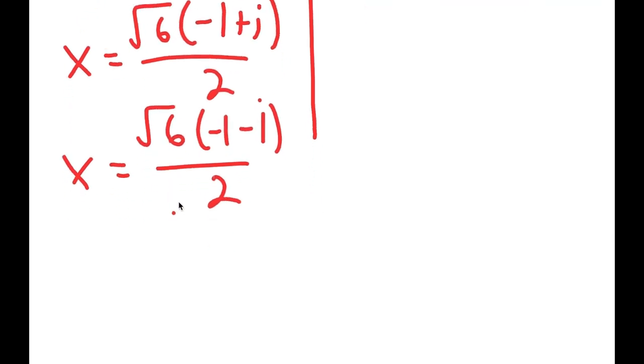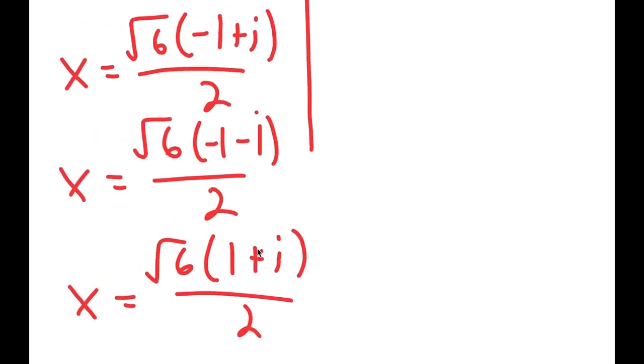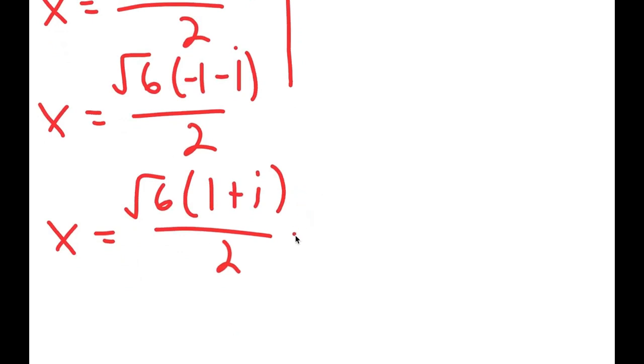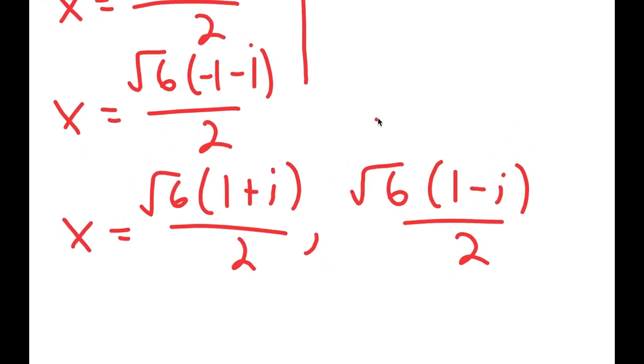And also, along with this, you should get x is equal to the square root of 6 times (1 plus i) over 2, and x is equal to the square root of 6 times (1 minus i) over 2. So these are your four solutions.